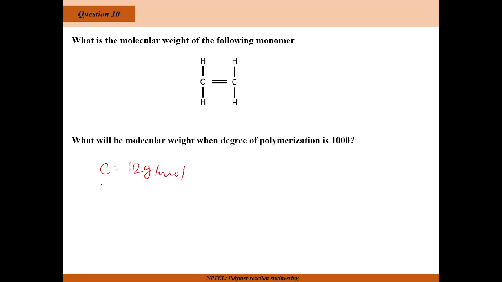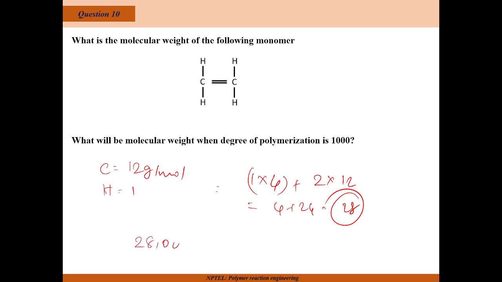And we know the molecular weight of hydrogen is 1, so it is 1 into 4 plus 2 into 12, which is 4 plus 24, that's 28. Now we are talking about a degree of polymerization of 1000. Basically we can talk in terms of Xn being 1000, so there are 1000 such molecules. So it is basically 28,000.